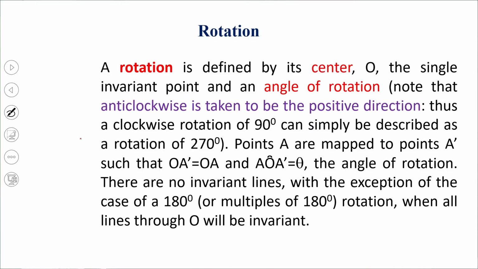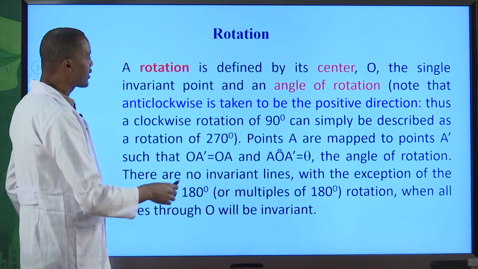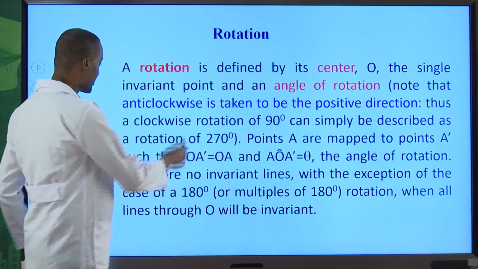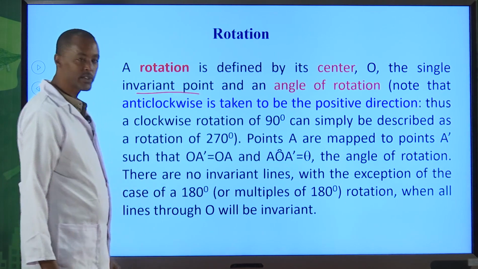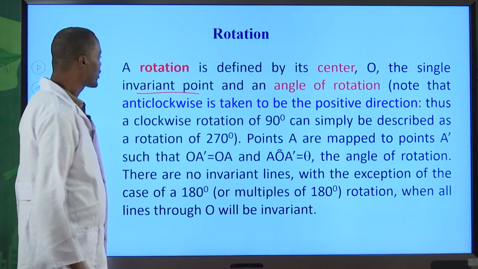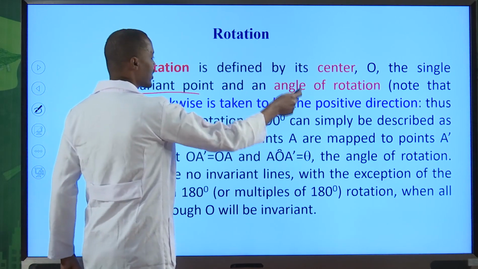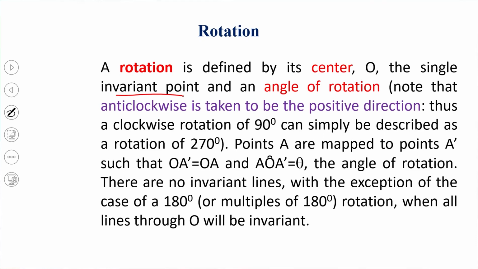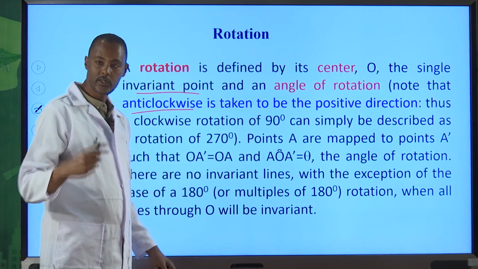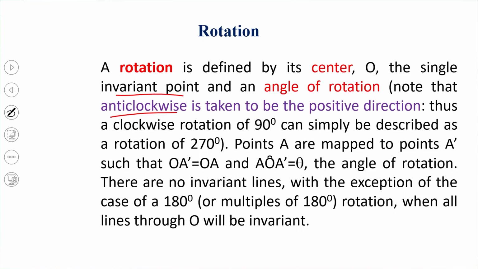A rotation is defined by its center, because when you want to rotate something, it must have some center, which we call O. The single invariant point means a point which will not take part in the rotation process, and an angle of rotation. We note that there are clockwise and anti-clockwise rotations, and we usually take the anti-clockwise rotation as positive and the clockwise rotation as negative.